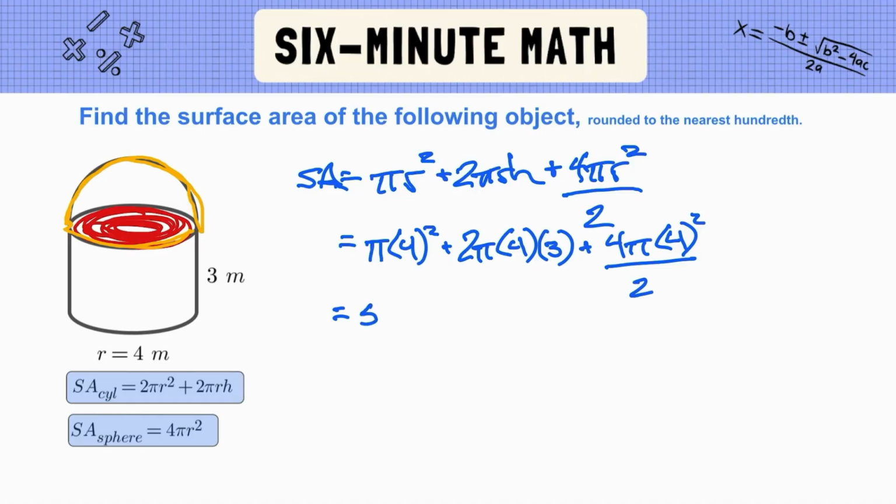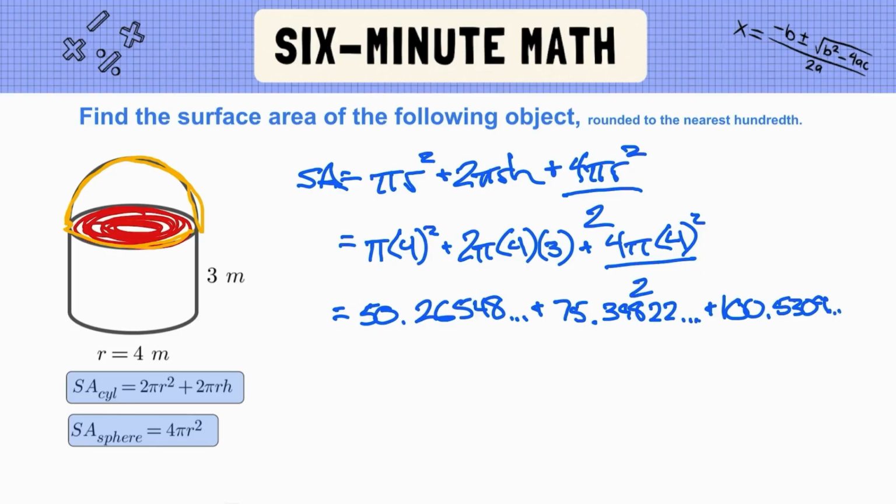Pi times 4 squared is 50.26548, plus 2 times pi times 4 times 3 is going to be 75.39822, plus 4 times pi times 4 squared divided by 2 is 100.5309.